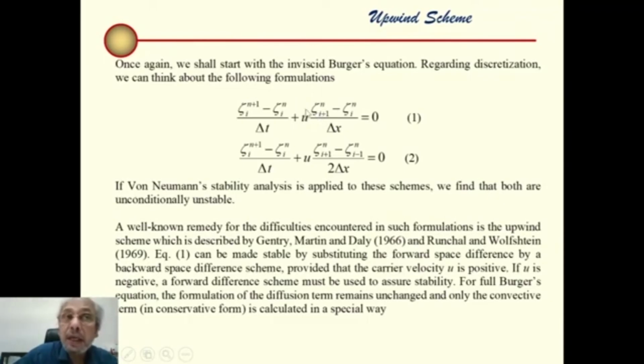Number 1 and number 2 we have already learned, we have already tested that the conservative form is more effective or more useful. So we will apply this philosophy. That means if u is positive, go by rearward difference, backward difference. If u is negative, go by forward difference of the dependent flow variable.